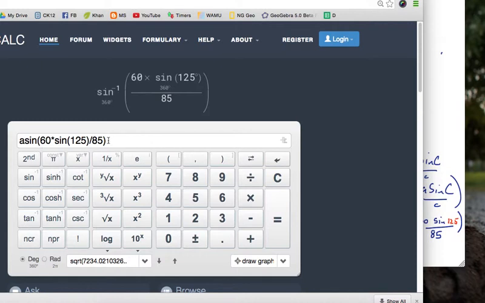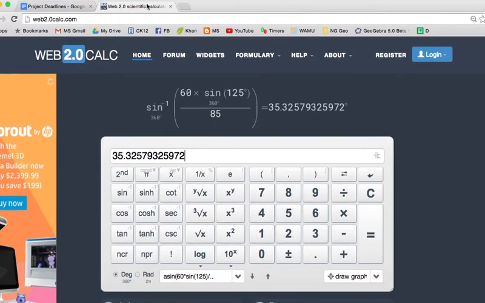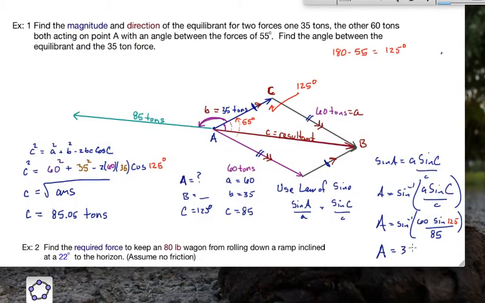Let's make sure I got the right amount of parentheses. Yep, that's what I want. 35.3 degrees. That's this angle here.